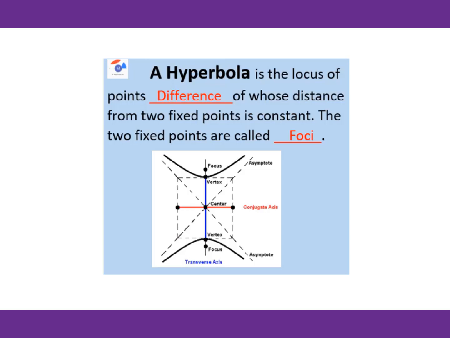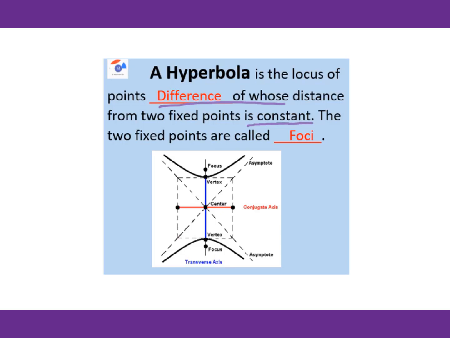This video is about hyperbola. Hyperbola is the locus of points, the difference of whose distances from two fixed points is constant. The two fixed points are called foci.